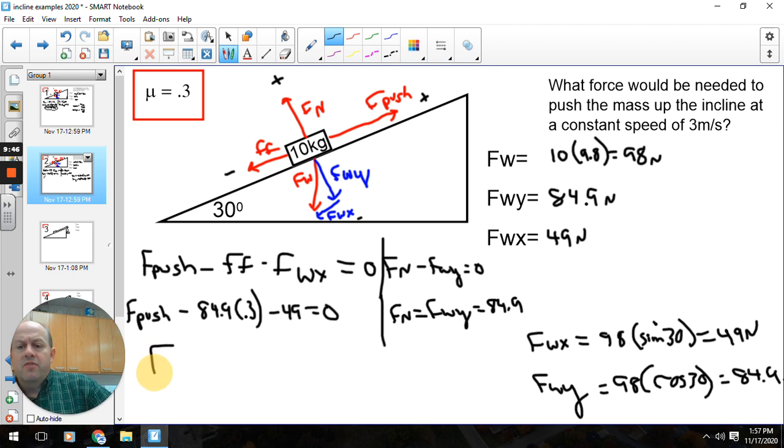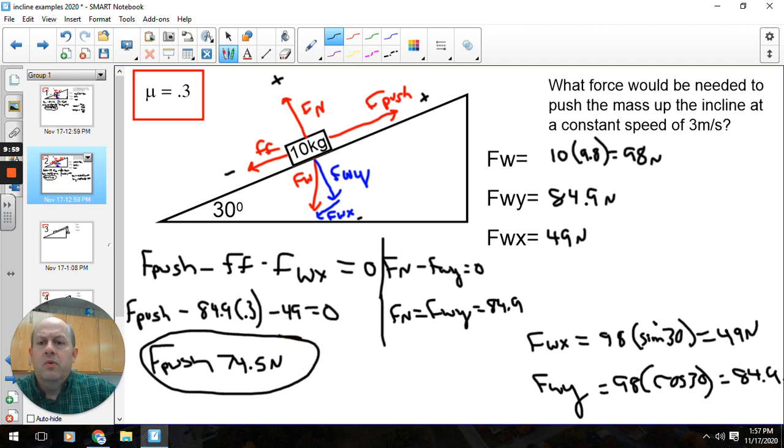So when we solve for our force push, we get 74.5 newtons.